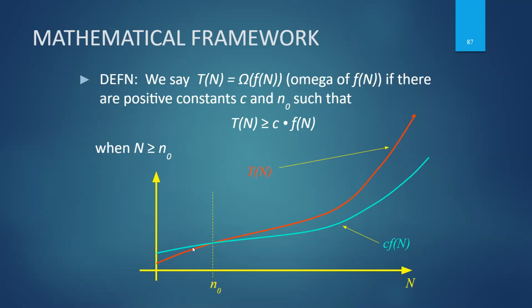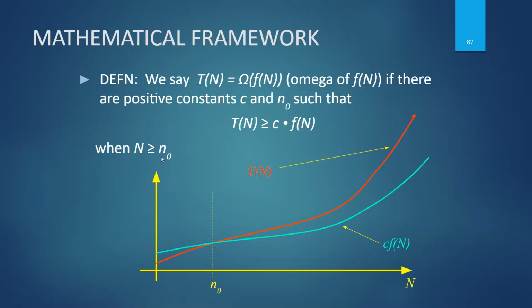So it is a lower bound when n is higher than some n0. But before n0, our algorithm takes less time than the lower bound, and after n0 the red one is higher, so they change, as you can see.